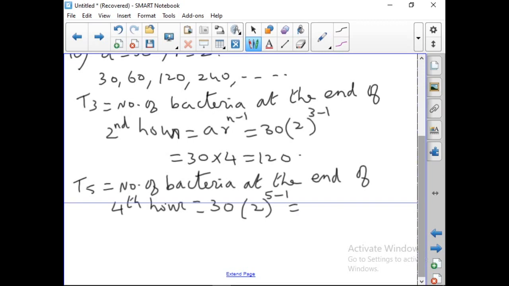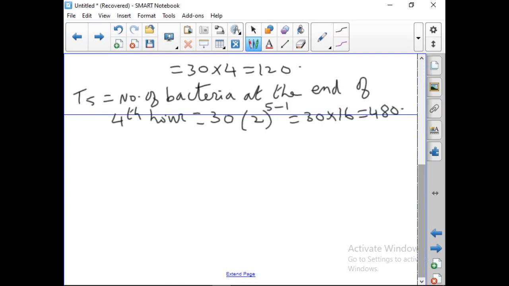So it is equal to 30 into 2 power 4. 2 power 4 is 16. So you get 480. Then what about T(n+1)?